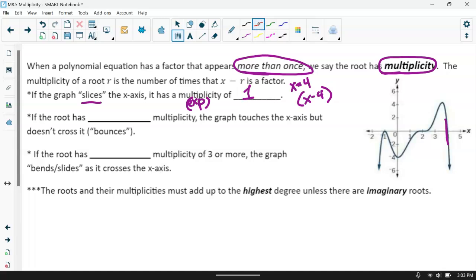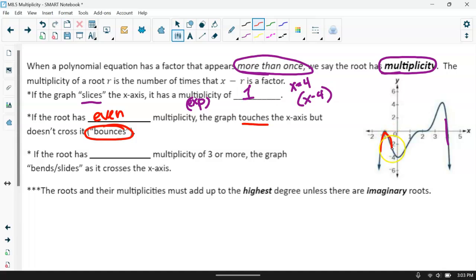Now, if the root has an even multiplicity, then it's going to touch the x-axis, or we could say it bounces off of the x-axis. So like here, for example, if it is even, notice here at -1, it goes up and touches, right?